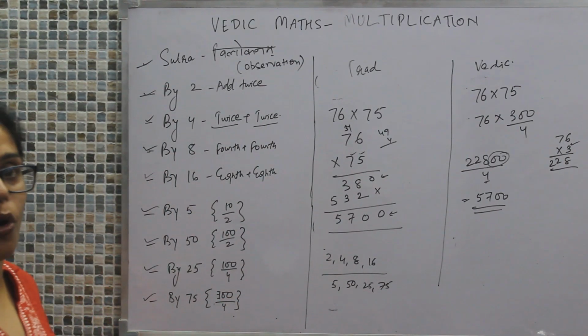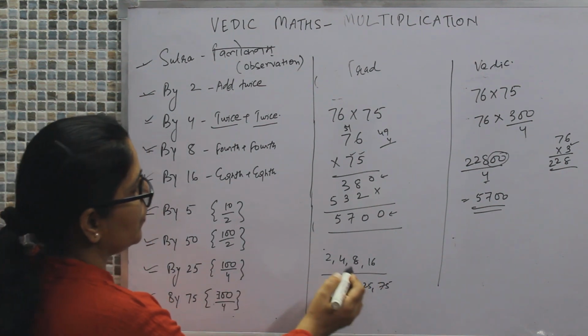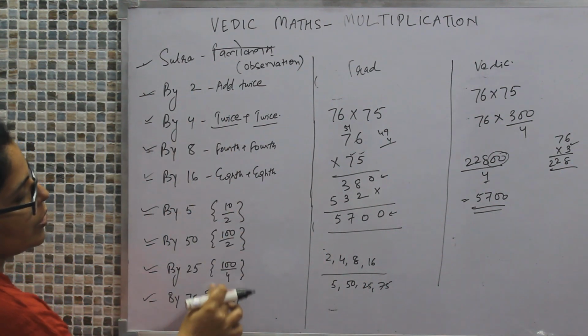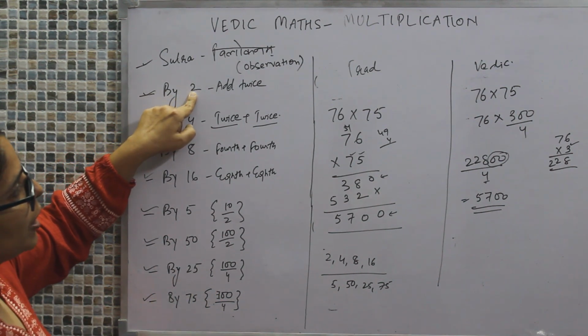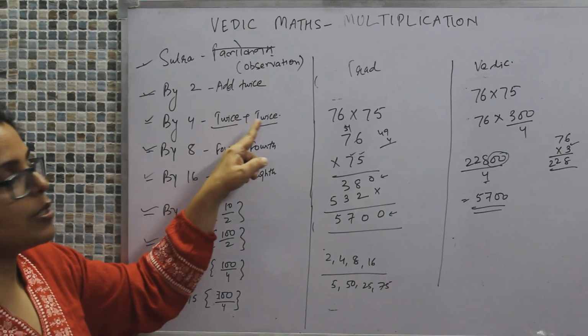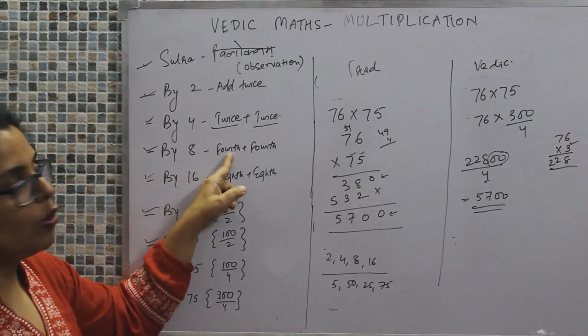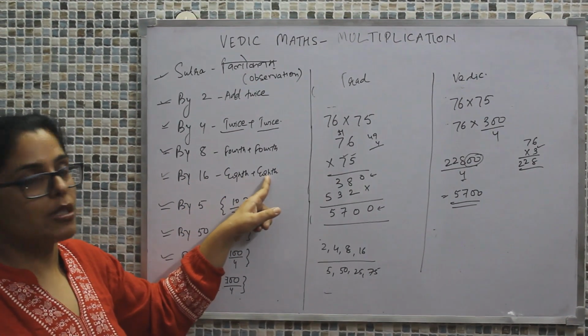So we just need to observe what the numbers are, and according to that observation we identify the approach. So summarizing the approach, when we are multiplying by 2, simply add it twice. By 4, twice plus twice. By 8, fourth value plus fourth. By 16, 8th plus 8th.